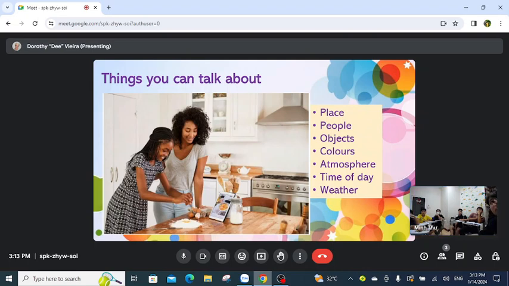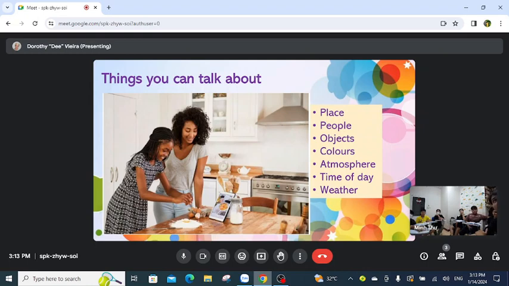So if I want to talk about the colors, I can say this kitchen is white. The cupboards are white, and the walls are also white. Okay? The table and the chairs are brown. The cooker is, what color will you call the cooker?